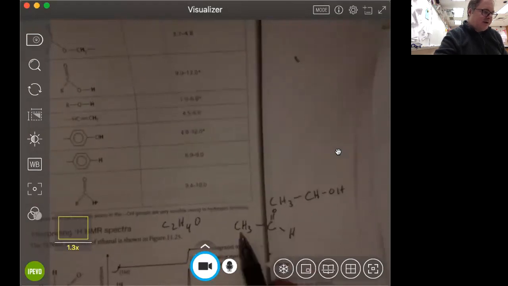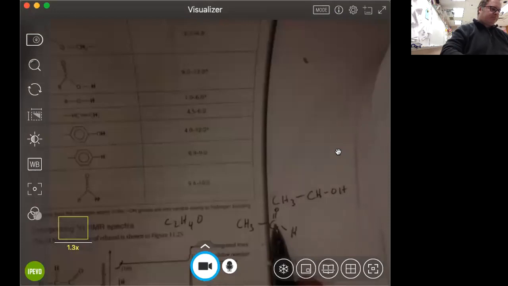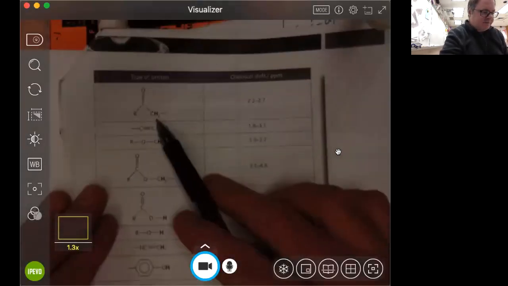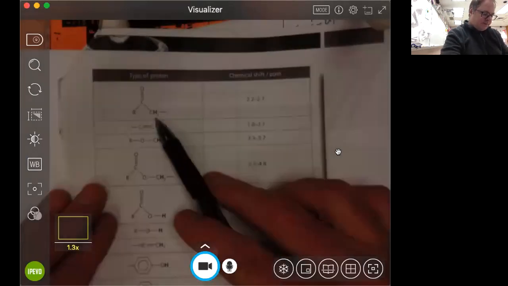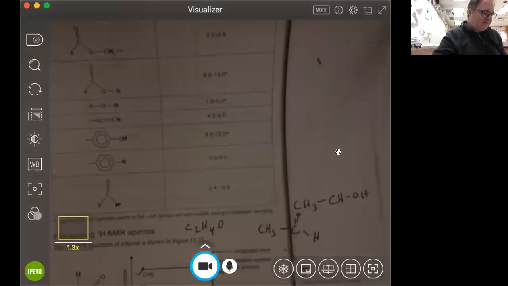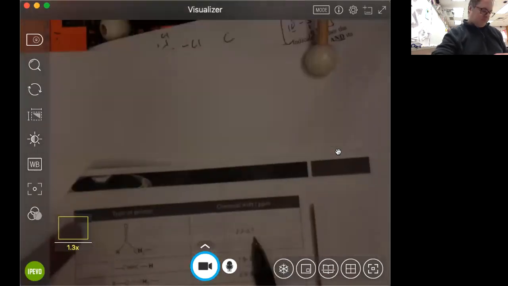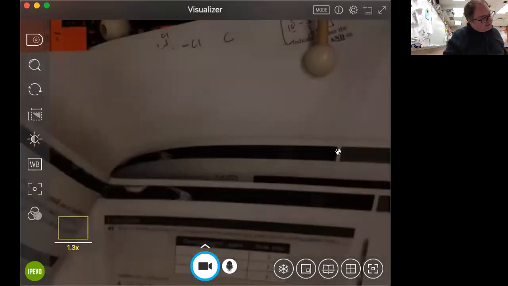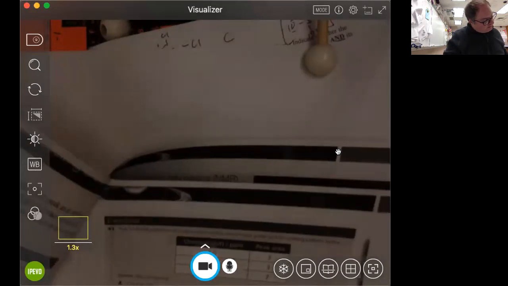Even though this is a primary, it is bonded to a double bonded O. So it's going to be shifted a little bit less. And that's why it comes up to between a 2.3 and 2.5. So that is the basics of it.